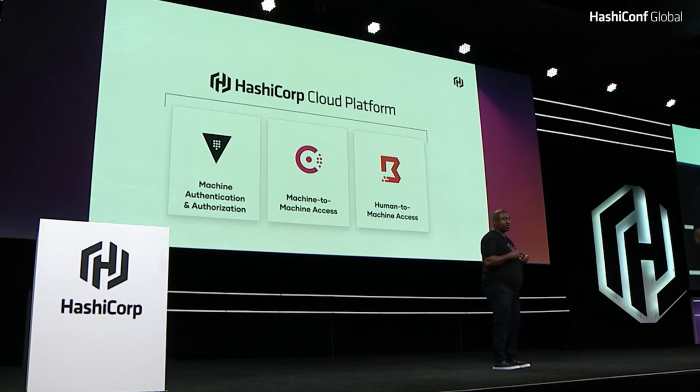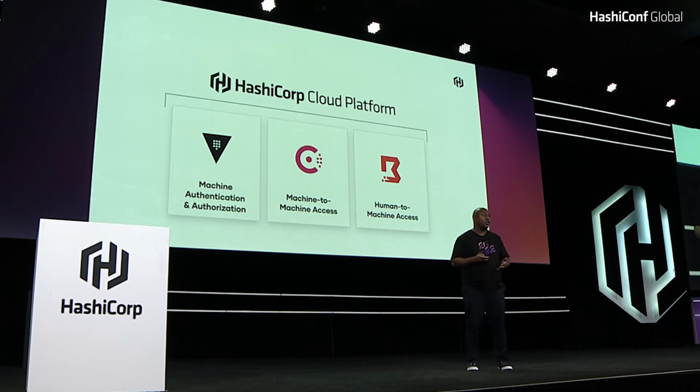Now, if anyone has tried to set up Vault and manage that by themselves, you will realize there is a big operational overhead with that, right? So the goal here is, we want the business value. We want our applications to be secure, but we don't want the overhead of supporting the things that are going to make it secure, right? So with HashiCorp Cloud Platform, you just, with a few lines of code, can deploy your own Vault cluster, and from there, you can build your zero trust foundations, right? So that will take care of your machine authentication and authorization.